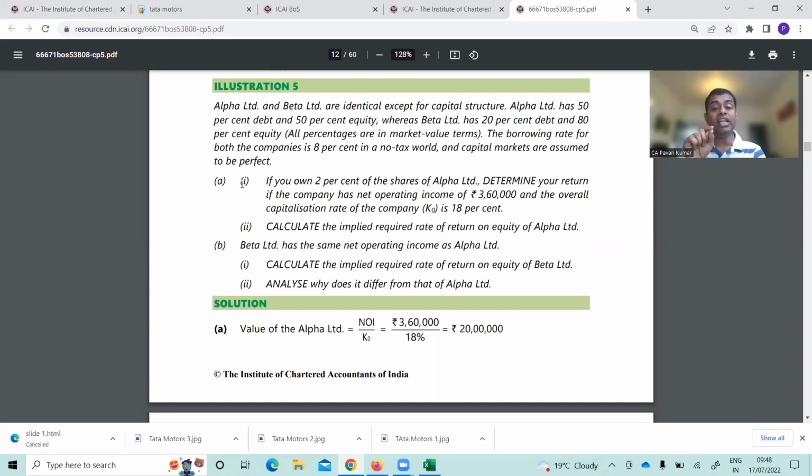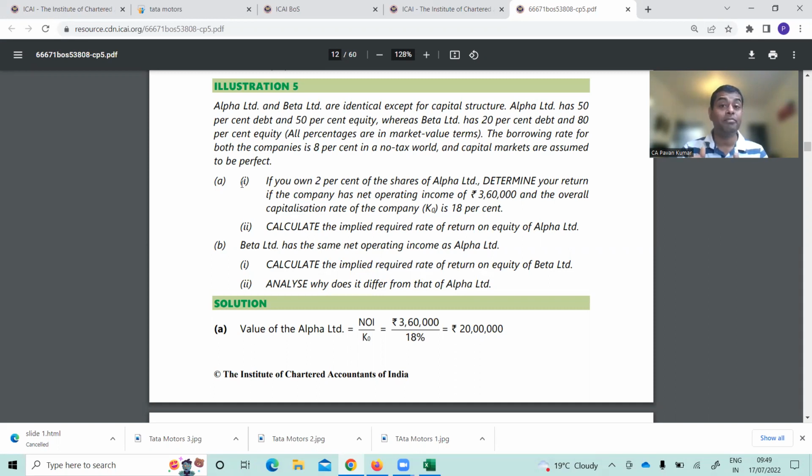A2: Calculate the implied required rate of return on equity, KE, of Alpha Limited. B1: Beta Limited has the same net operating income as Alpha Limited, obviously. Calculate the implied required rate of return on equity of Beta Limited. Now, you are calculating KE of Alpha Limited and KE of Beta Limited. Obviously, they won't be the same.